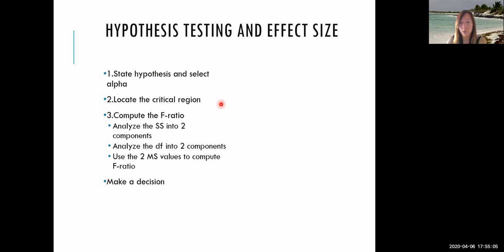We're going to have to use a different table. Compute the F ratio. We're going to analyze all the components, which will be 9 separate calculations until we get our F ratio. We're going to plant our F ratio in the distribution to see if it's in the critical region, and then we're going to make our decision. Okay, and we're also going to test for R squared as well, the effect size.